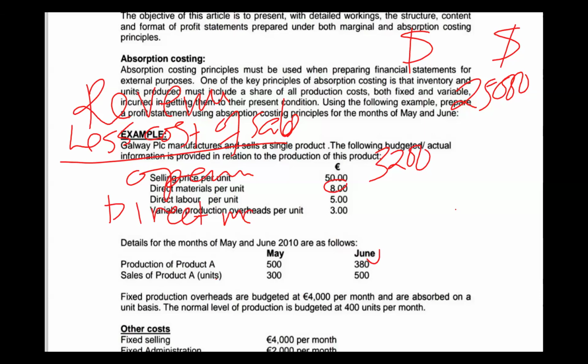What do you get? 380 times 8 is 3,040. Then direct labor, 8 times the 380. You said it's 19.